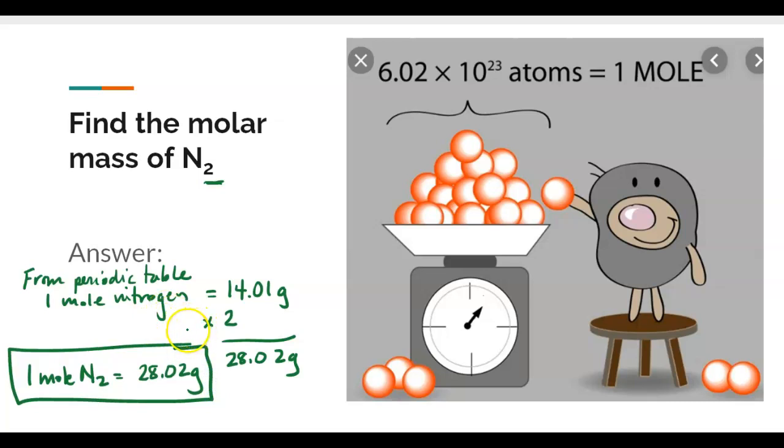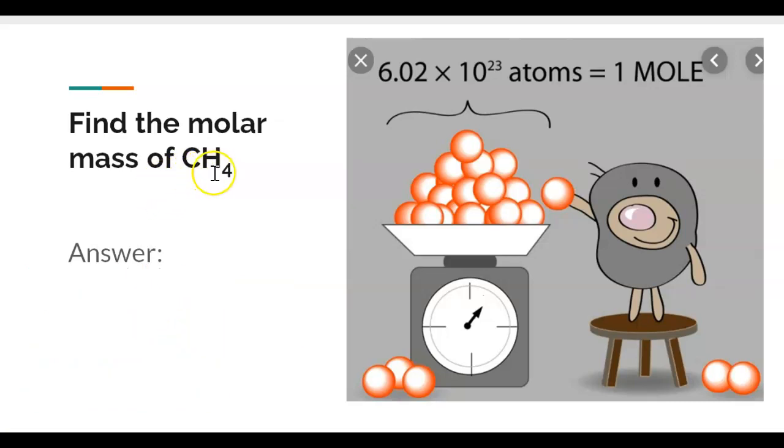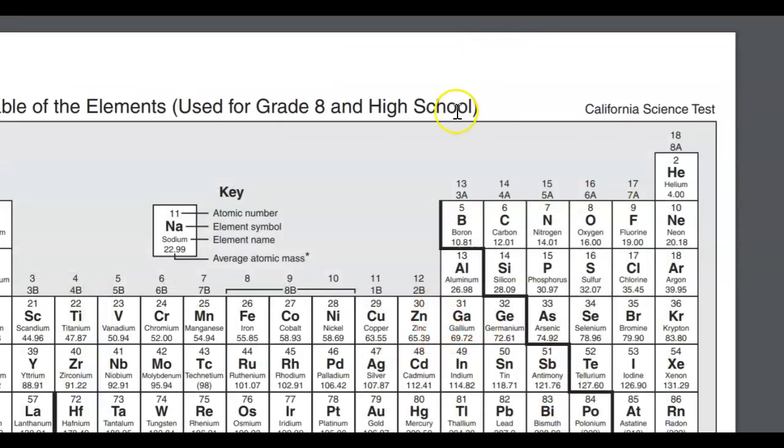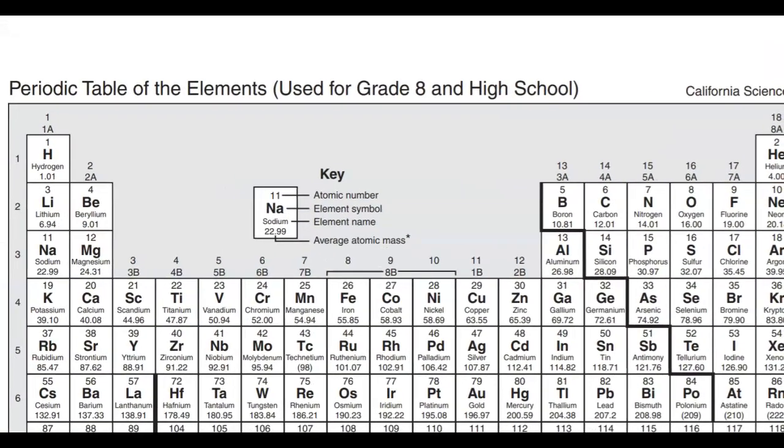Let's try one more. In this case, I have carbon and hydrogen. I again look at my periodic table. On the periodic table, you're going to notice that I have carbon having a mass of 12. And if I move this over just a bit, you're going to see that hydrogen has a mass of 1.